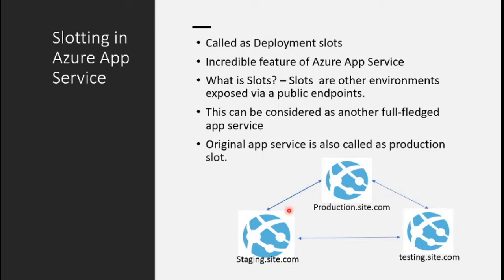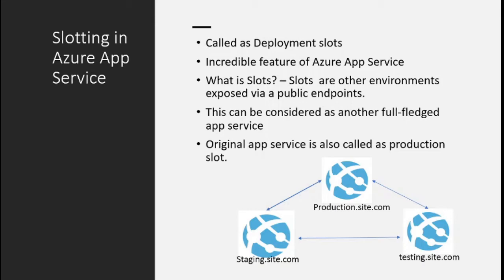Then you will have a different endpoint, but all the settings will be similar. Then again you can create another slot, and likewise you can create different slots within the same app service, with different endpoints, the same environment and the same configuration. You have the option to copy it, or if you want you can ignore it as well.